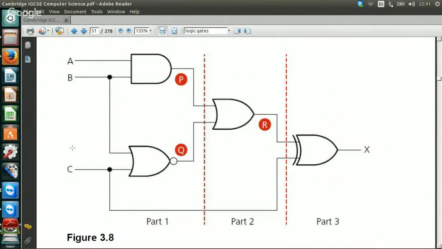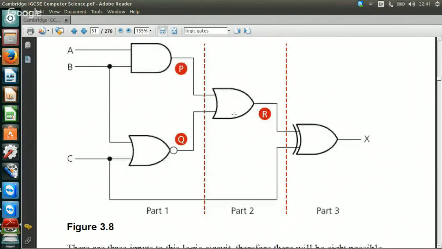Give me a second, I have a question here. Application to logic gate. Okay, if you're referring to the very same book, question 6.